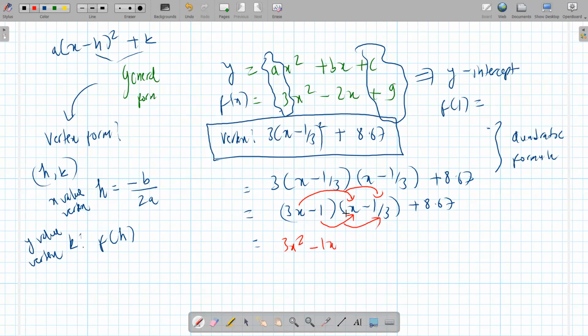Then -1 times x is just -1x, and -1 times -1/3 is +1/3, plus 8.67. Then they're just like terms. So -1x minus 1x becomes -2x, and then +1/3 is 0.33 plus 8.67 is 9. And there we go.